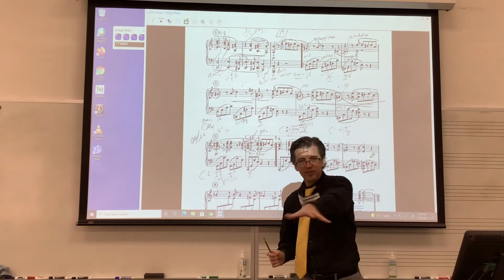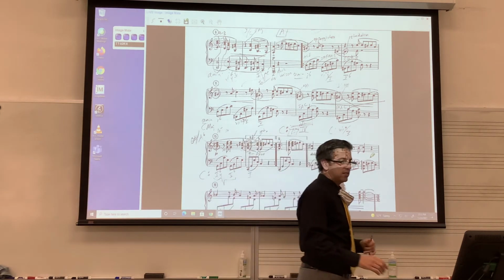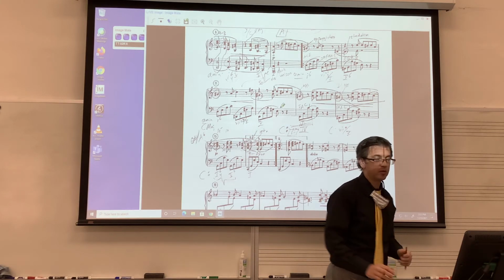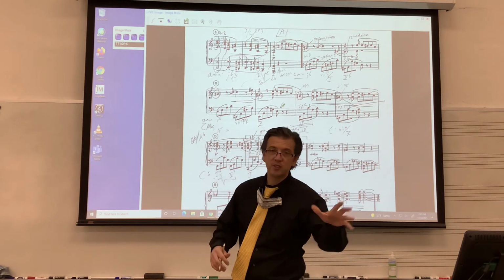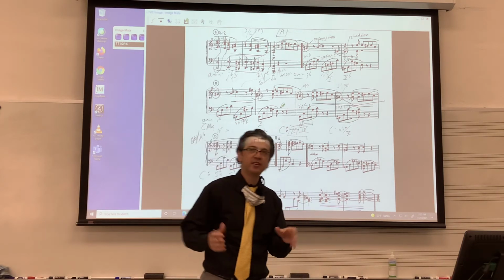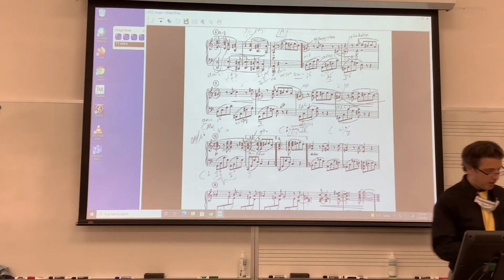Because I suddenly have to put my hand in more than one position to be able to get the notes. So this is also another feature of romantic piano writing, as we see these larger left-hand ranges in his texture and the accompanying rhythm.